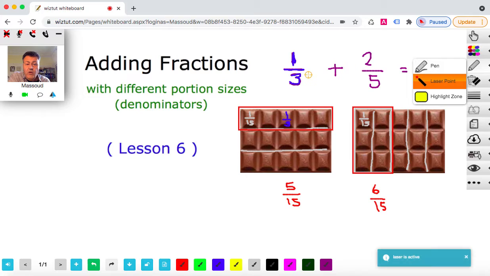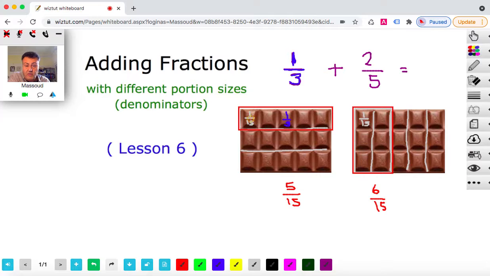Now, we couldn't add these together because, of course, the portion sizes are different. You can't add this portion, which is a bigger portion, to these 2 portions, which are smaller. Each one of these is smaller than one of these. So these are different sizes, so you can't add them together just the way they are. You have to make them the same size. Remember, in maths, you can only add similar quantities to one another. The same portions can be added together.